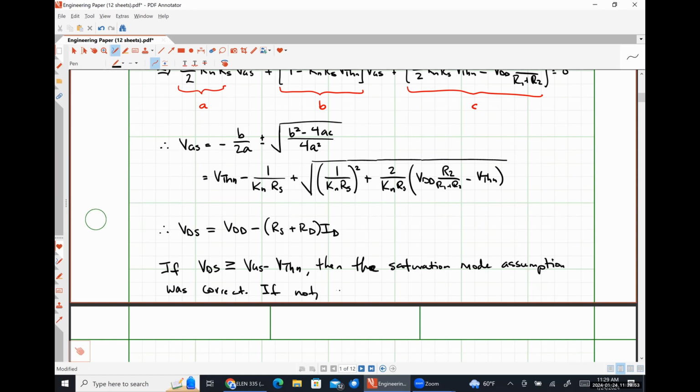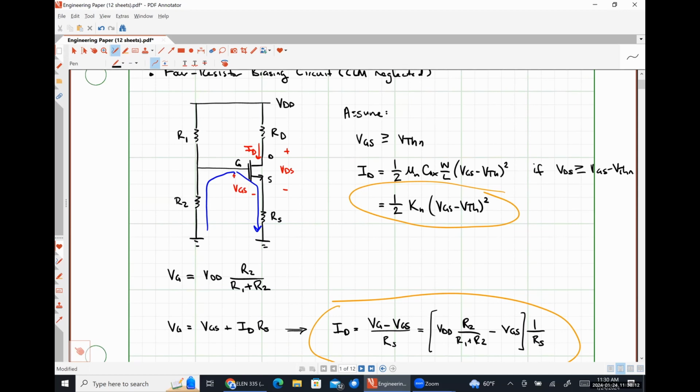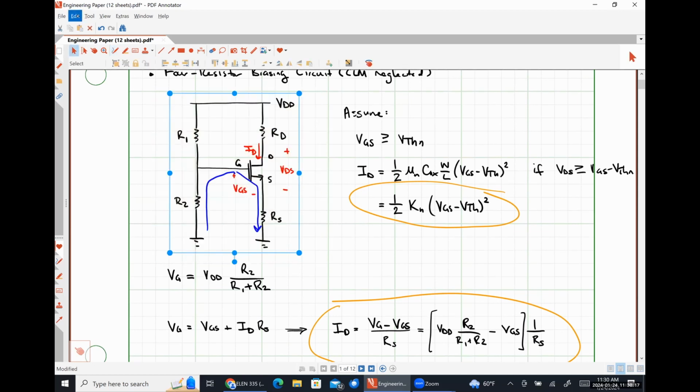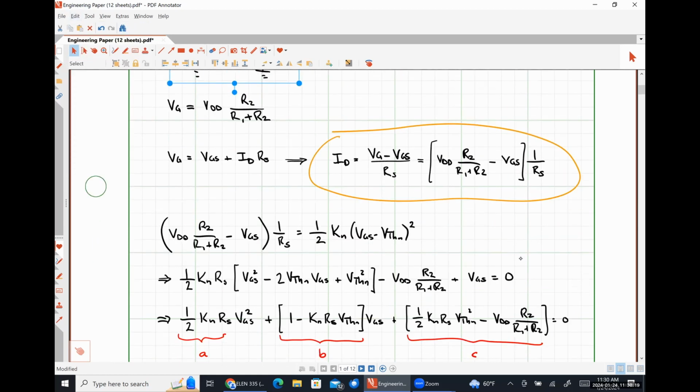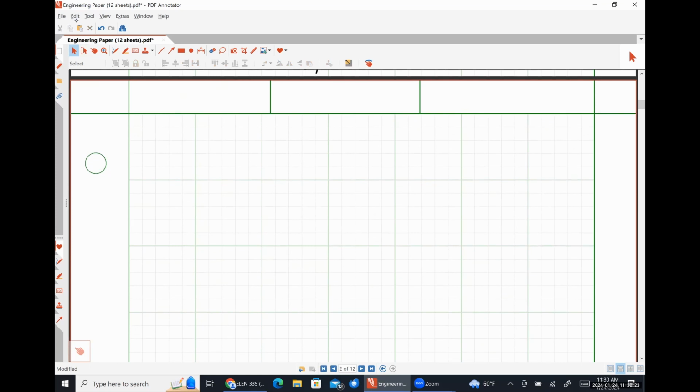If not, assume triode and start over. So let me take my original circuit here. And now we're going to analyze it in triode mode.